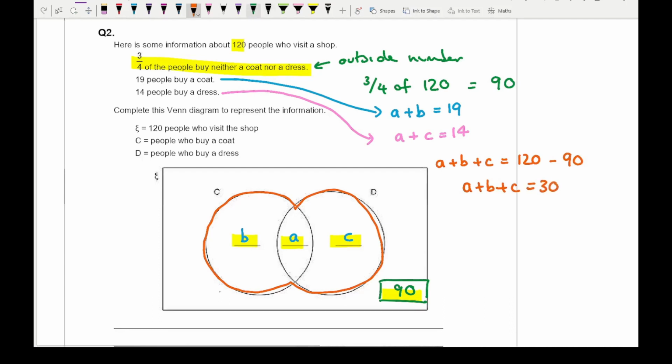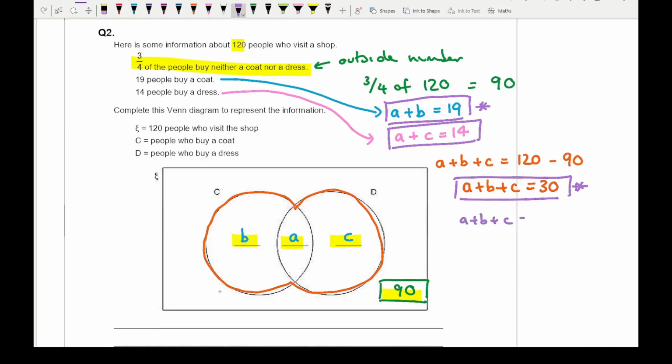Now I'm going to use these bits of information to work out the answer, so I'm just going to put a little box around these bits of key information, like so.